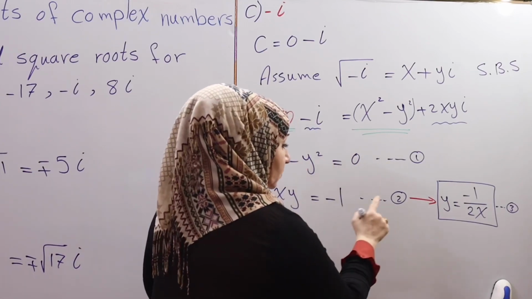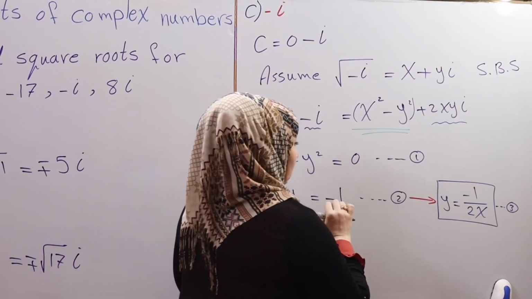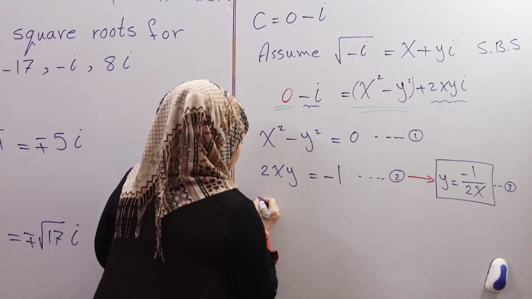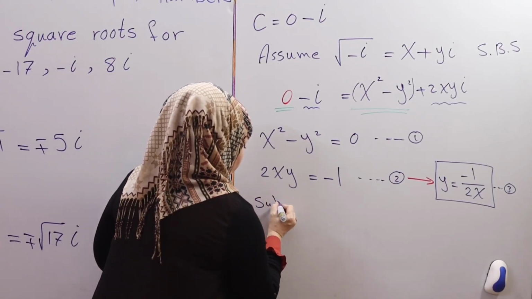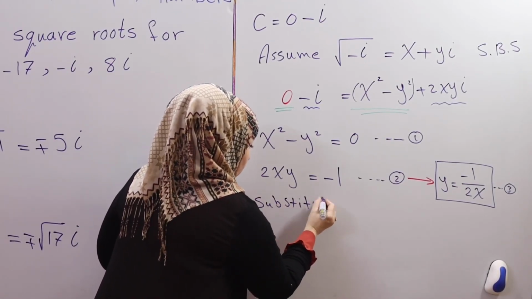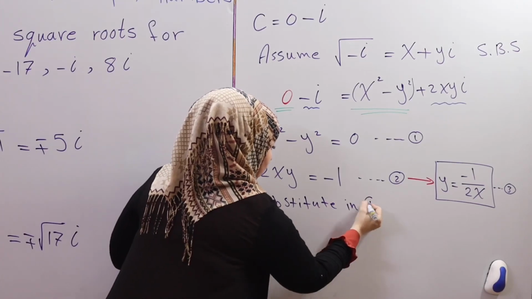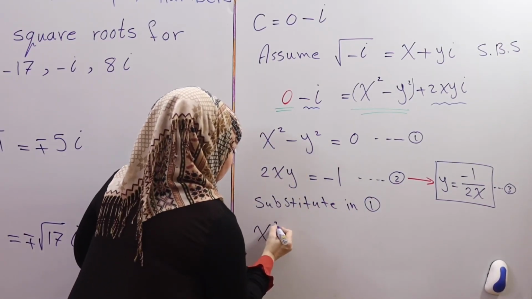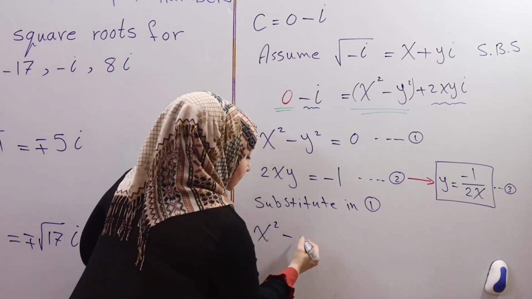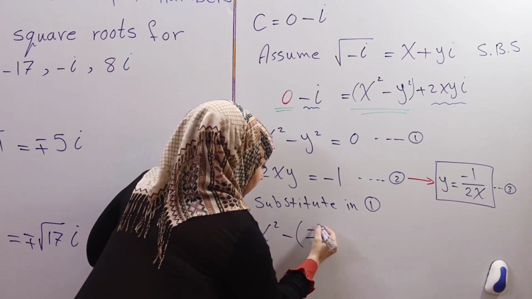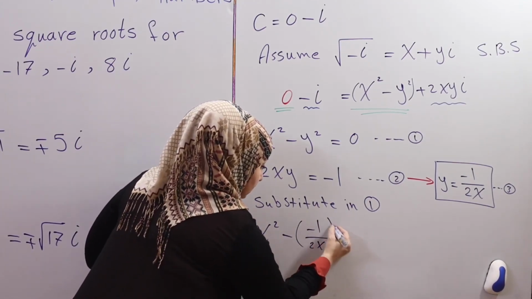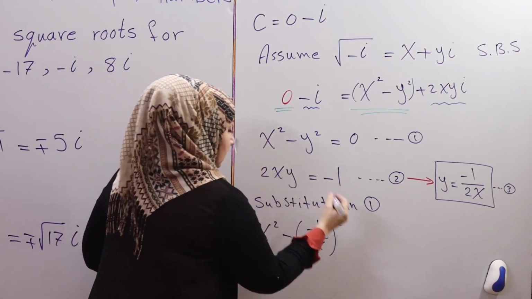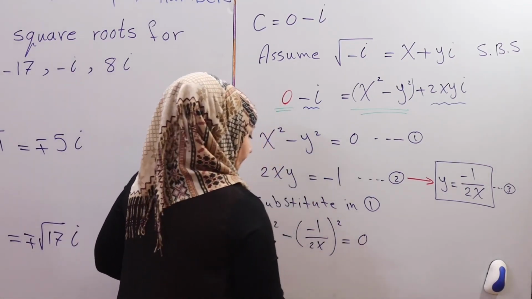We will substitute the value of y in equation 1. So we get x squared minus y squared, that means negative 1 over 2x all squared, equals 0.